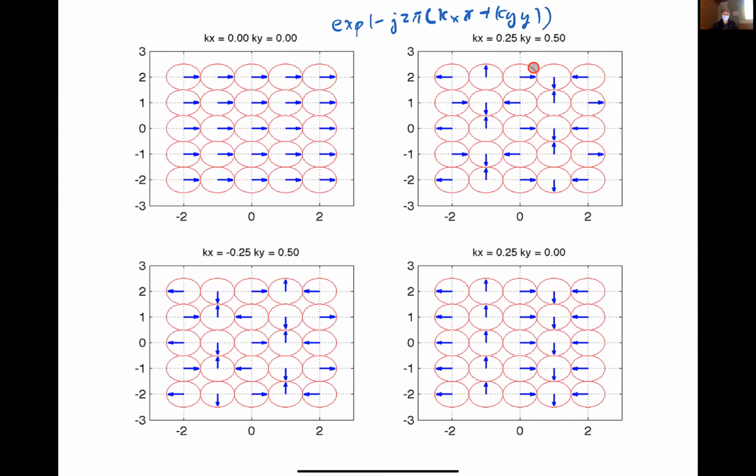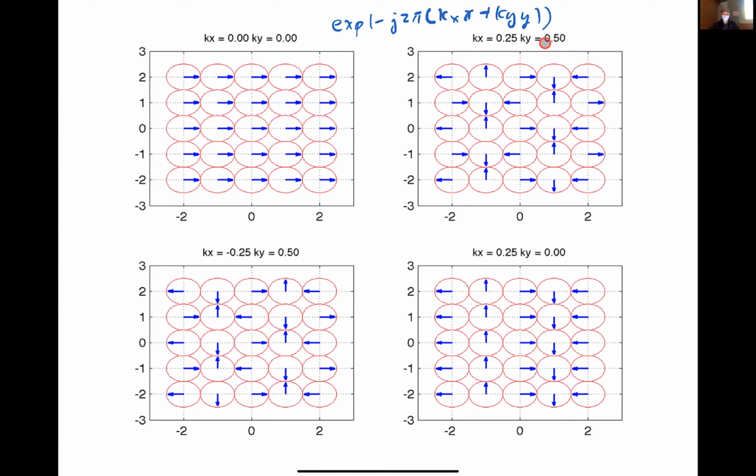Now let's think about the sign. This e to the minus j 2 pi kx x means that as I move along the x direction, I'm going to go clockwise, because I'm going to have negative phase, since this kx is 0.25. That's true. As I move this way, you see the phasors going clockwise. From here to here is a 90-degree clockwise rotation.